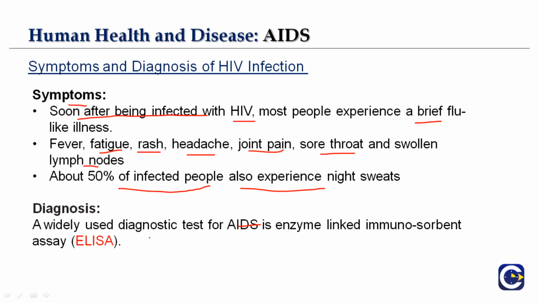And the diagnostic measure for AIDS or HIV is ELISA. The full form is enzyme-linked immunosorbent assay. ELISA is a direct solid phase antiglobulin method which is commonly used.